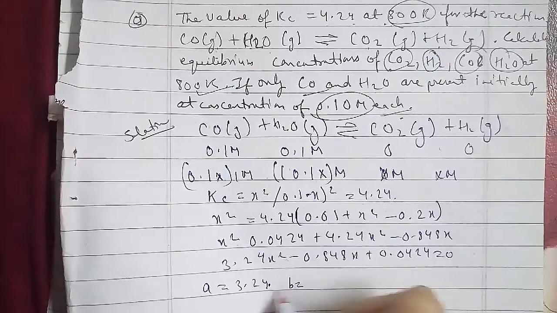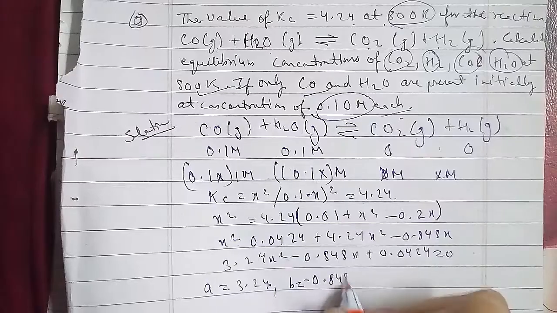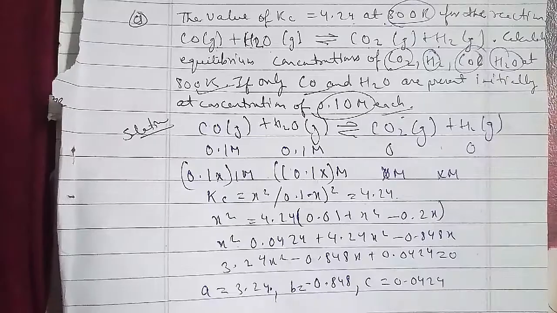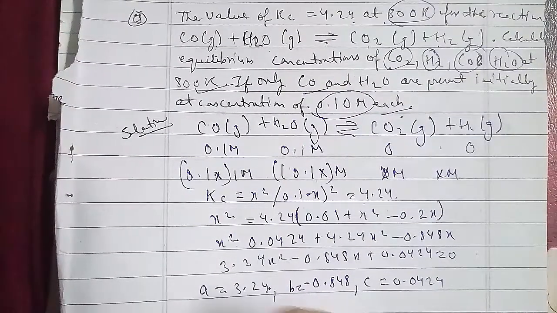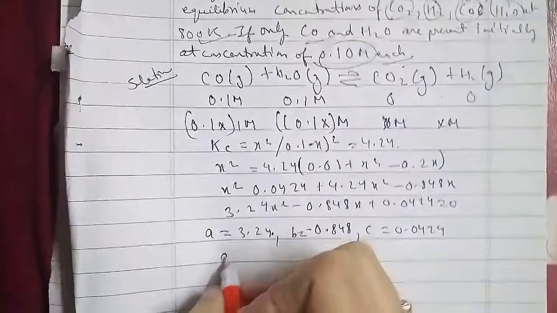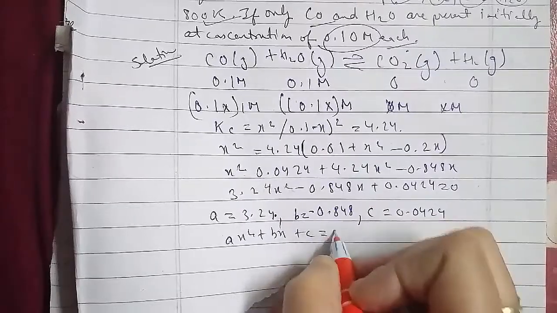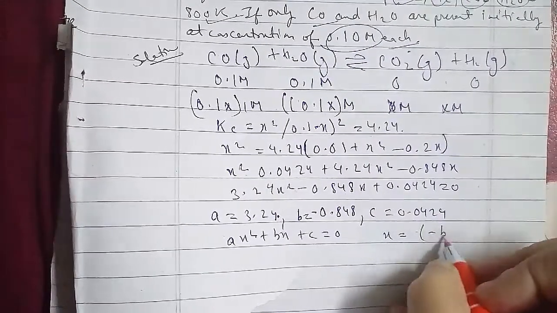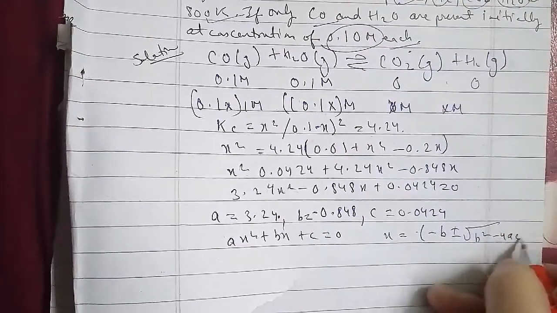This is the formula for finding x here. So we'll go ahead and find x equals 0.848 plus minus under root of 0.848 square minus 4 into 3.24 into 0.0424, upon 2a, that is 3.24 into 2.